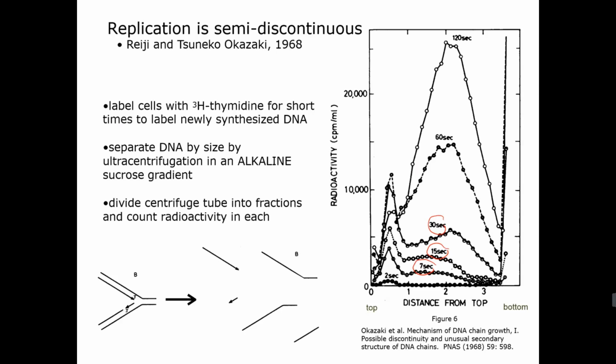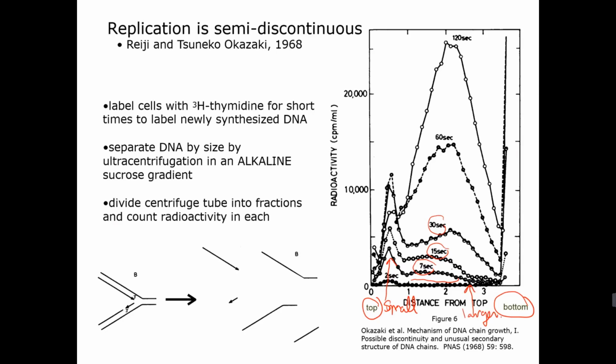There's a peak at the top of the gradient, outlined here by the word top, and then there's a shorter, broader peak stretching towards the bottom. So what's the stuff in the sharp peak near the top? It's the small stuff, because we're at the top of the gradient. And the stuff near the bottom is, of course, the larger stuff that's being synthesized.